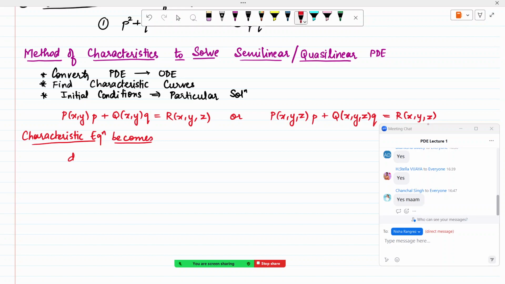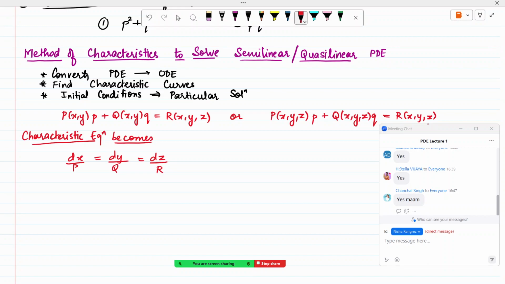So as you see, it converts the PDE into ODE. So you'll have dx divided by p, whether it is semilinear or quasi-linear, both the cases. Dy divided by q, and you will have dz or du divided by r.